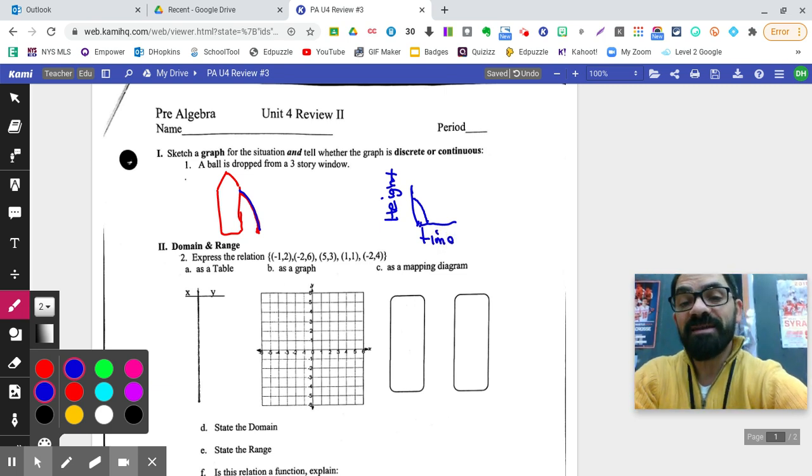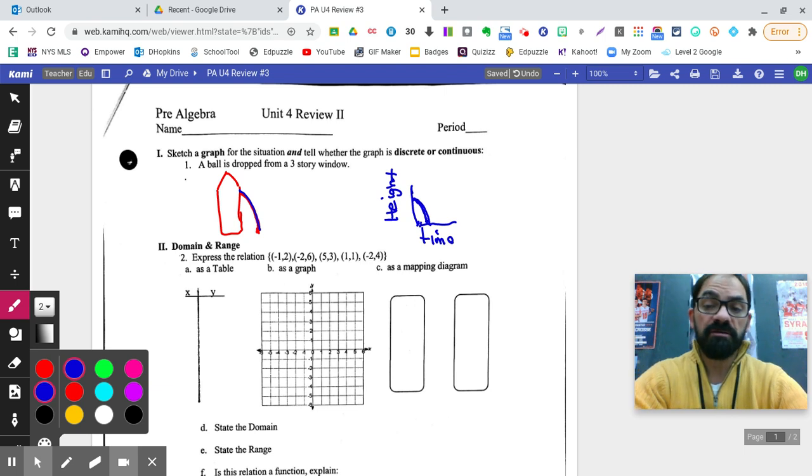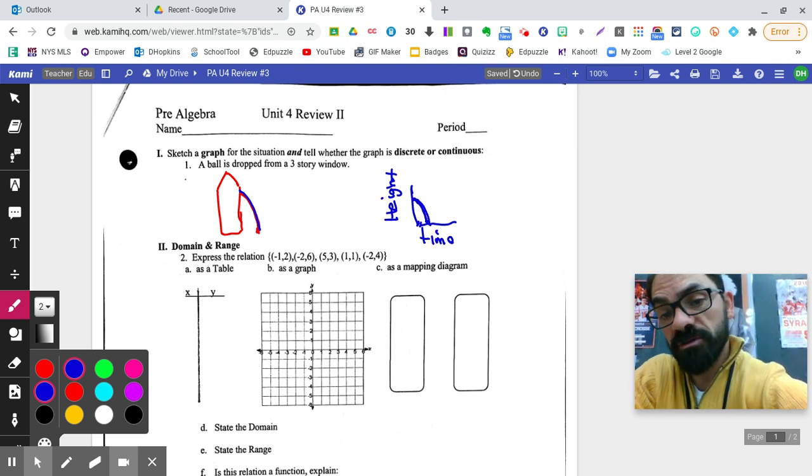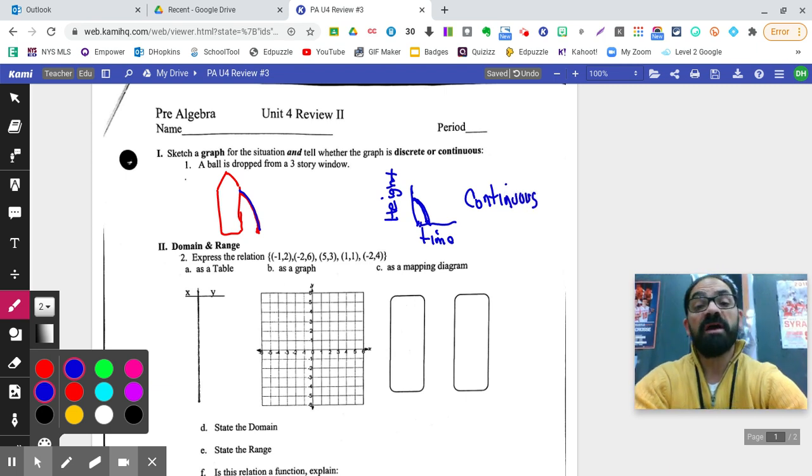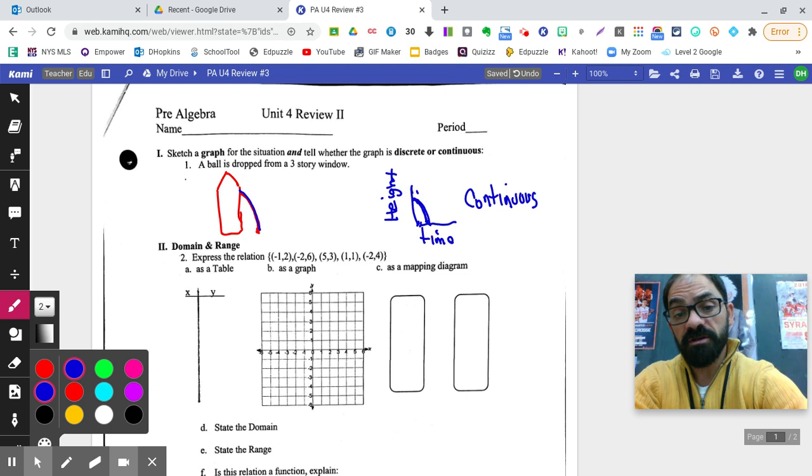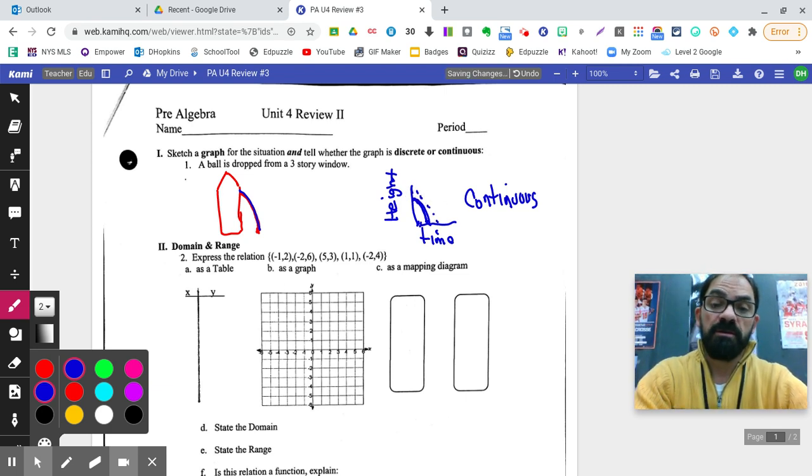And since it is a graph that once I put my pen down, I draw the line until the end, that is called a continuous graph. Remember, a discrete graph is one in which only entails points. That would be a discrete graph there. So that is a continuous graph.